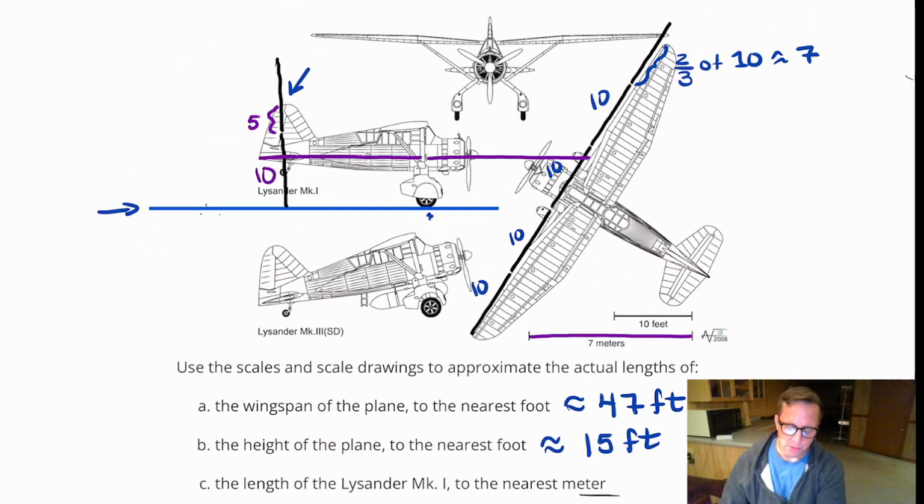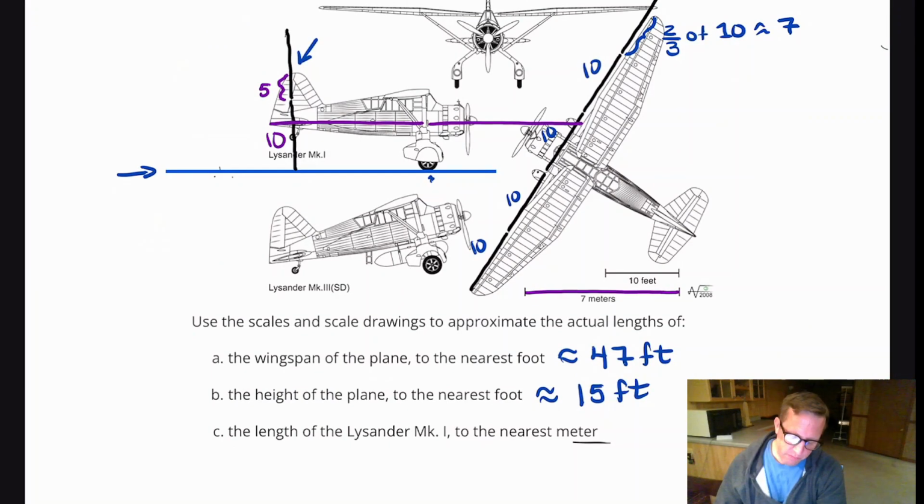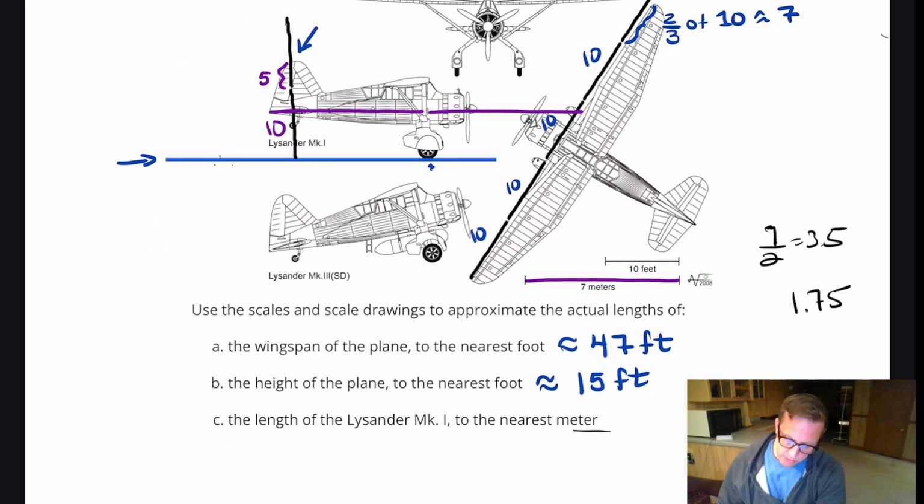I'll go for a fourth, because half of 7 is 3.5, so half of that would be about 1.75.